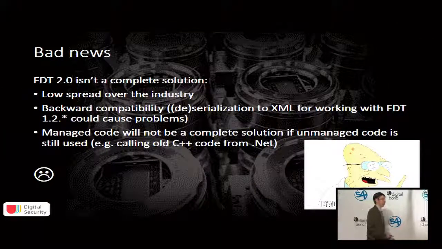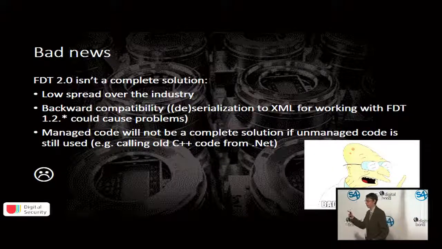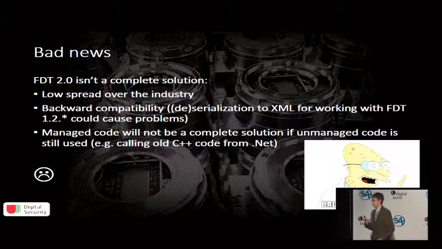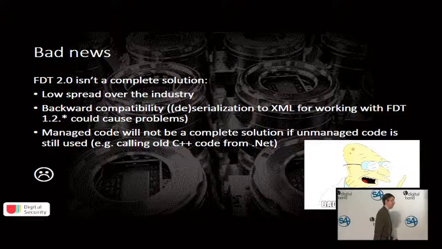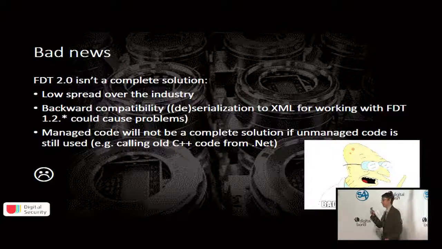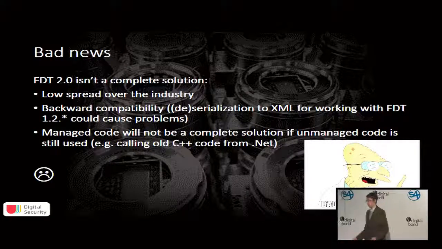When I searched over the internet and asked the different vendors, I understood that there are no FDT 2.0 components. The specification exists, but no component exists. Moreover, FDT 2 has backward compatibility to the previous version of FDT. So in case of mixed architectures, you have the same XML transport and the same vulnerabilities will exist.